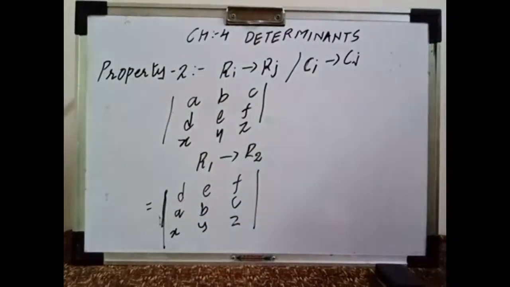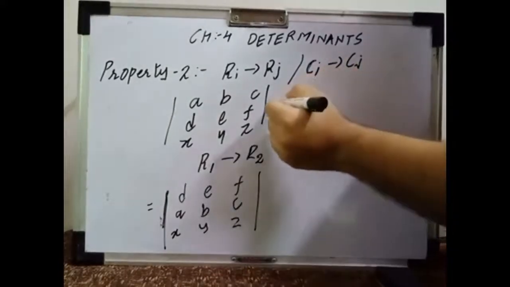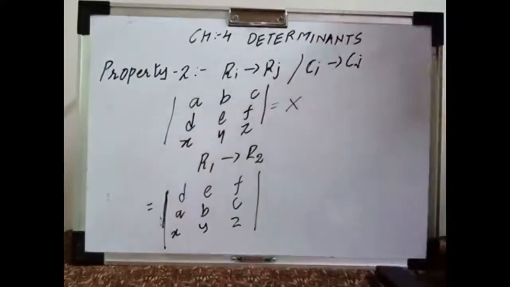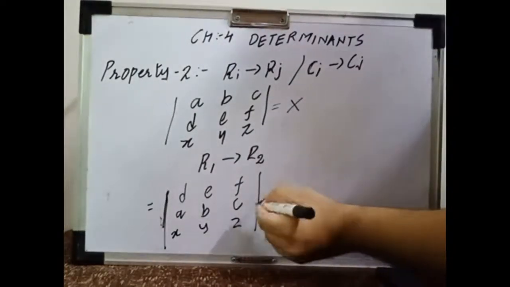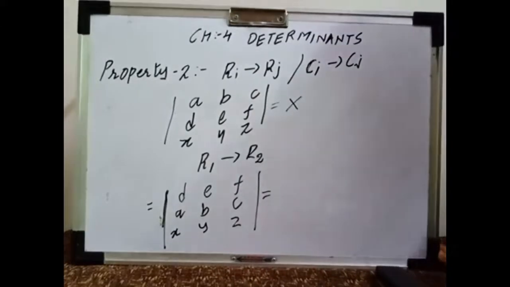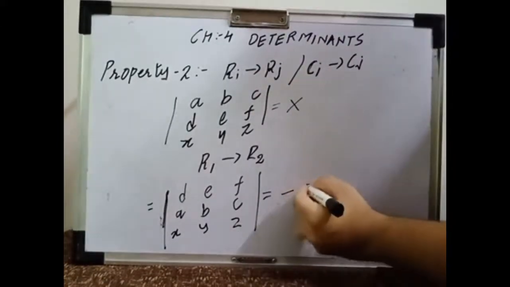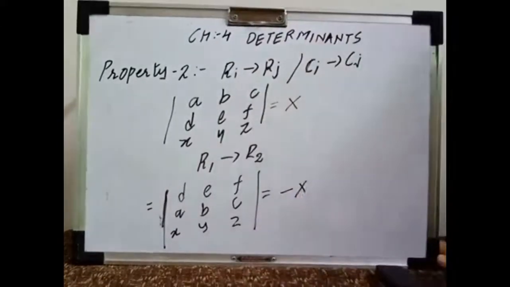Now let's talk about the change in the value of a determinant. Suppose previously the value of the determinant was x, then after applying this property the value of this determinant will become minus x, right?